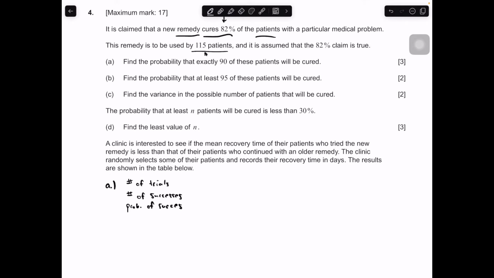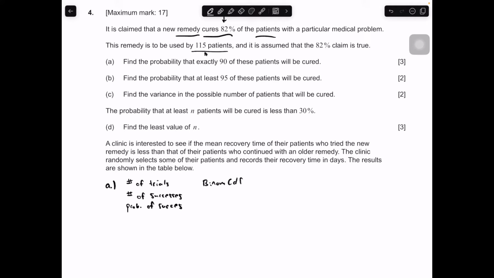So let's go ahead and work this out. So there's our probability, 0.0535. All right, so let's write this out. Going back to the document, let's write binom CDF.